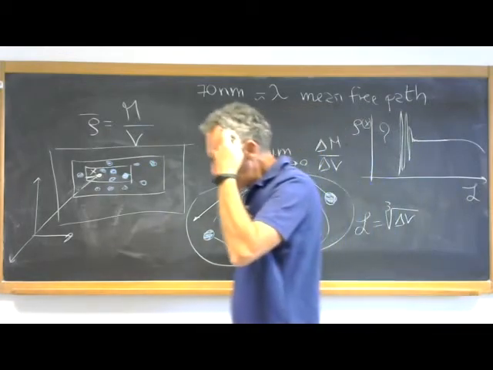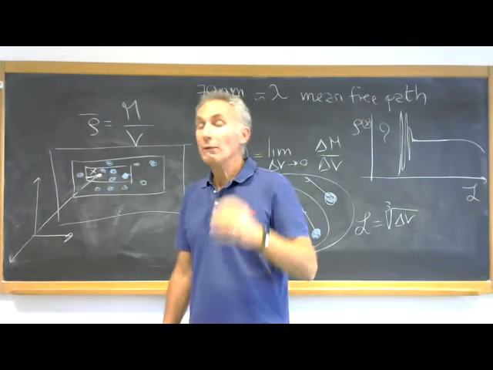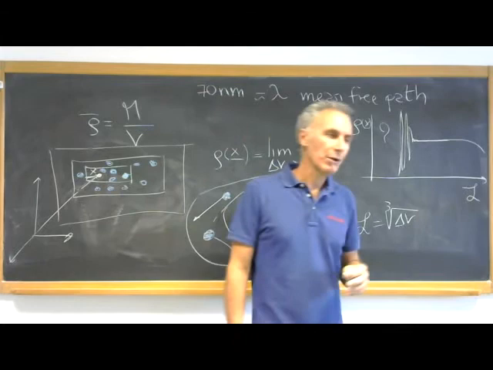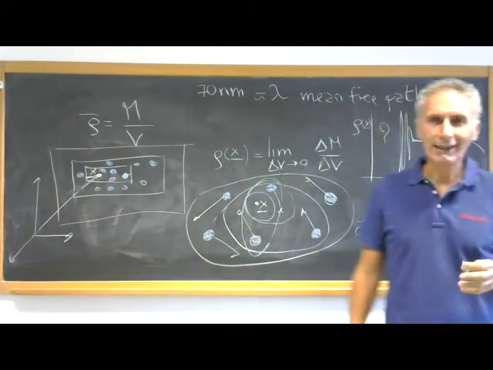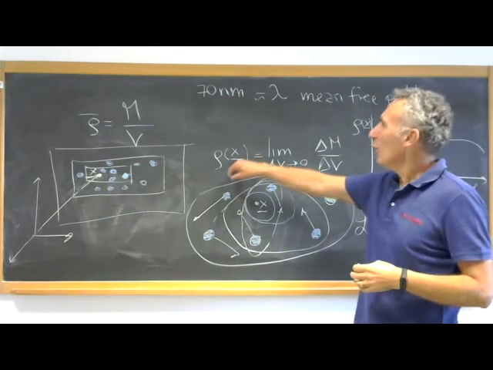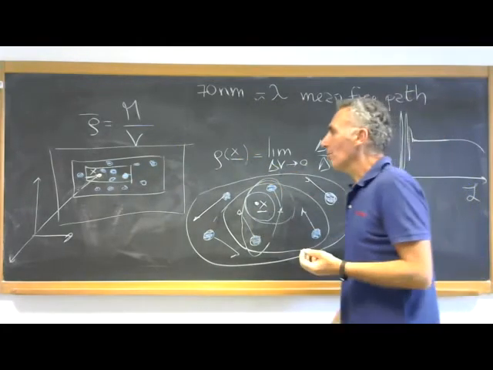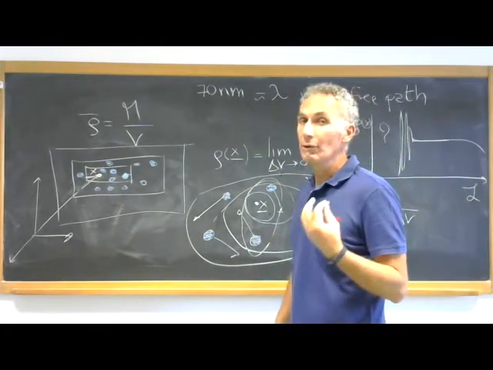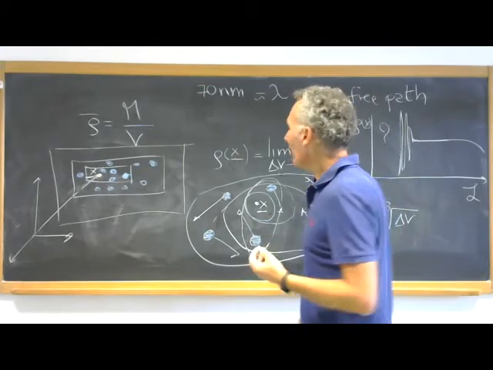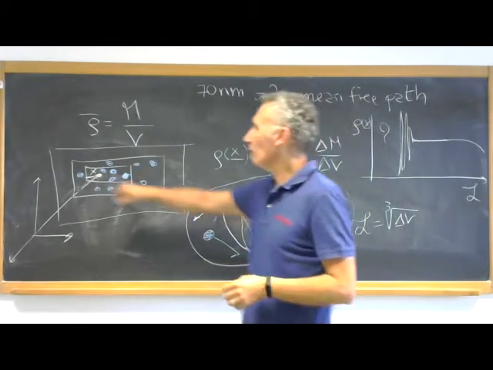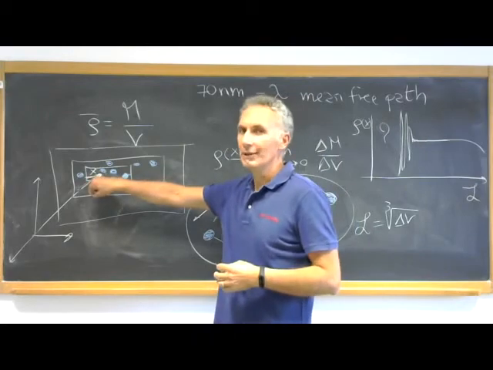So what do we imply when we ask what is the local value of density? Well, from a mathematical point of view, we are asking the value of density at one point.